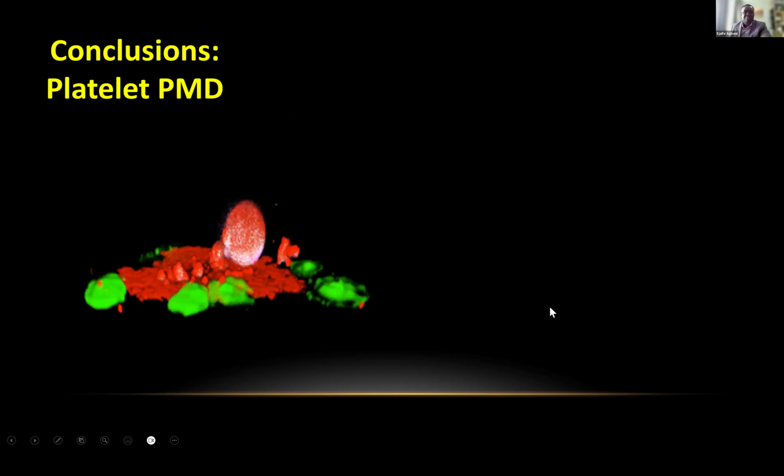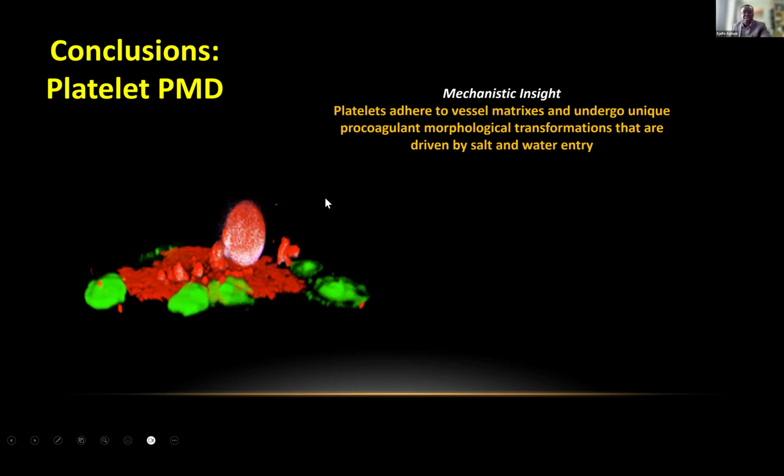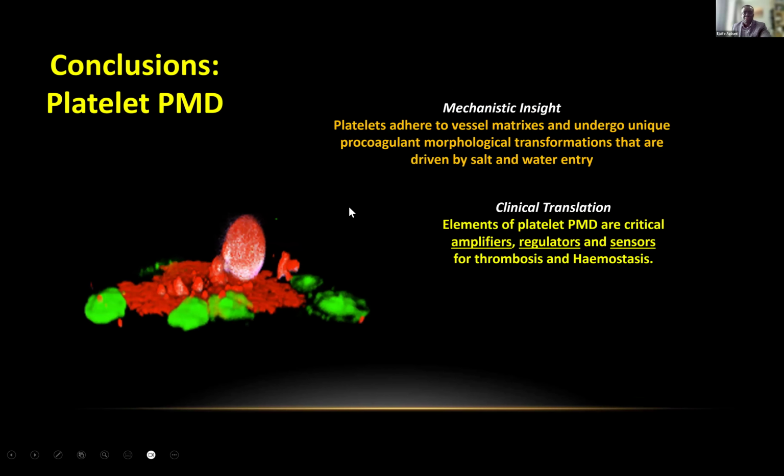So on that point, we'd like to conclude. In terms of the mechanistic insights on PMD, procoagulant membrane dynamics, we know that platelets here respond to vessel matrices and they undergo unique transformations that are driven by salt and water entry.